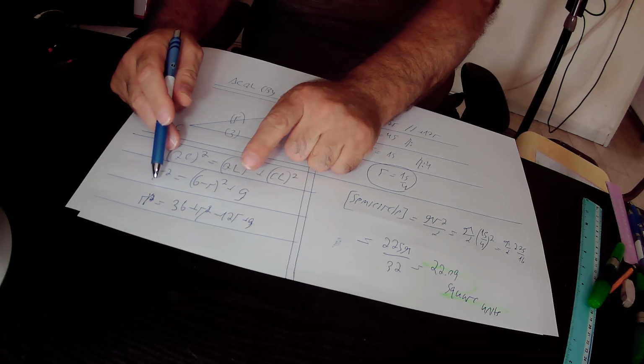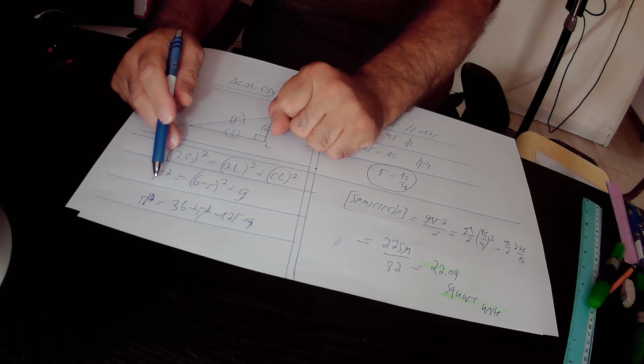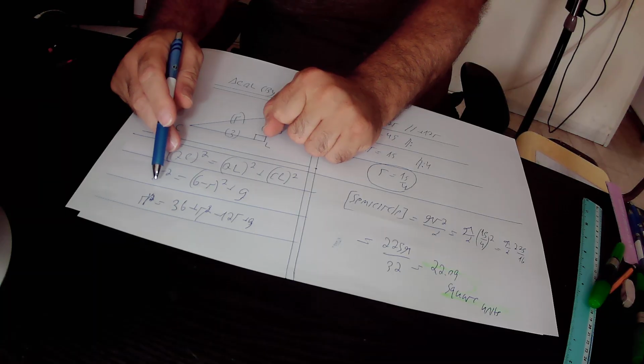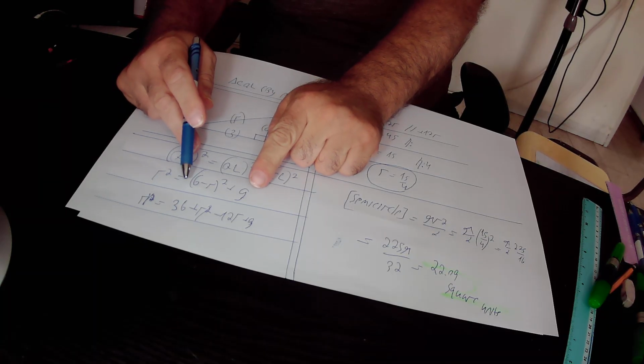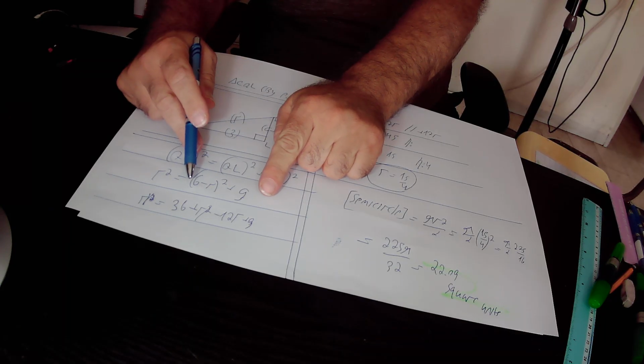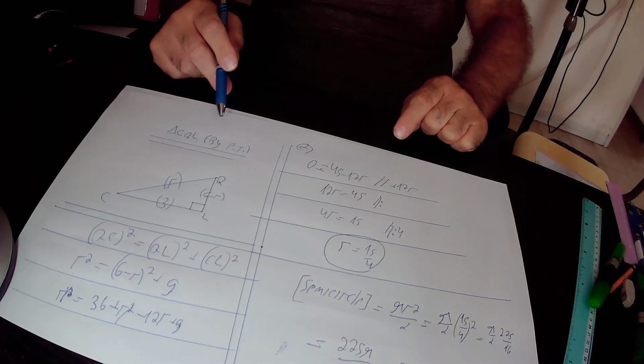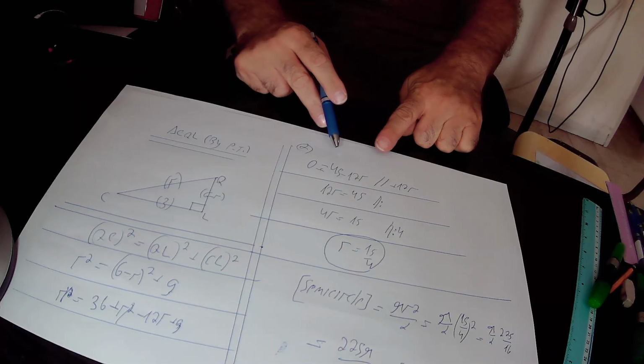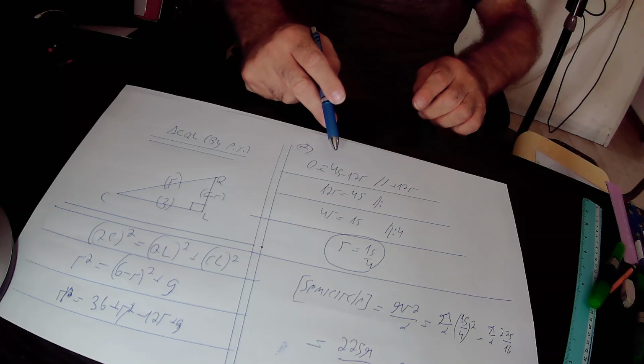On this side of the equation we are left with 0, while on the other side we are left with 36 plus 9, that is 45, minus 12R. So in total 0 equals 45 minus 12R. We added 12R to both sides, and found out that 12R equals 45.